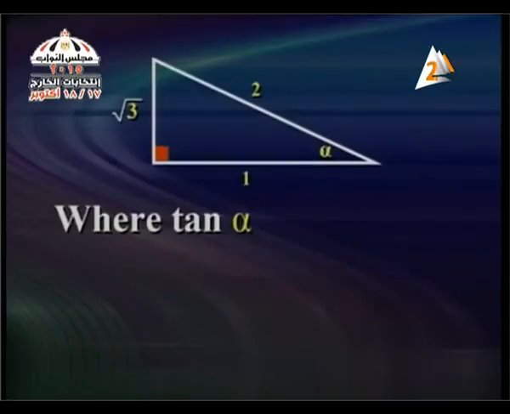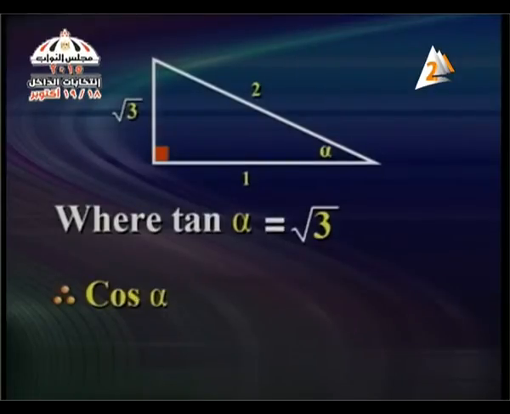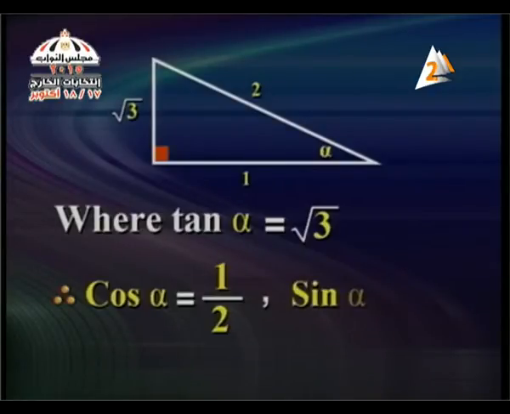Solution. Here in this triangle, the opposite of angle alpha is √3, the adjacent is 1, the hypotenuse is 2, where tan alpha equals √3. Therefore, cosine alpha equals 1 over 2 and sine alpha equals √3 over 2.